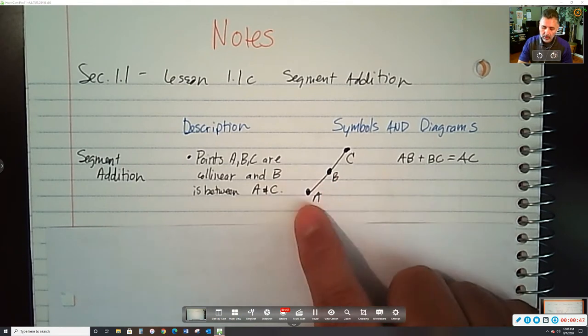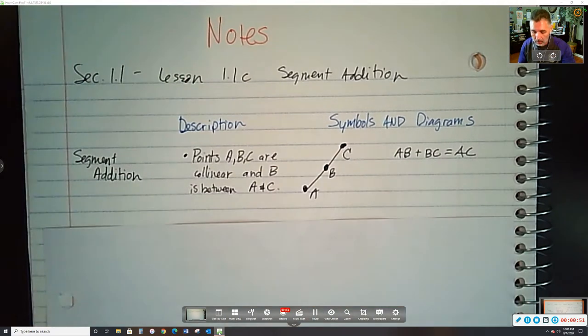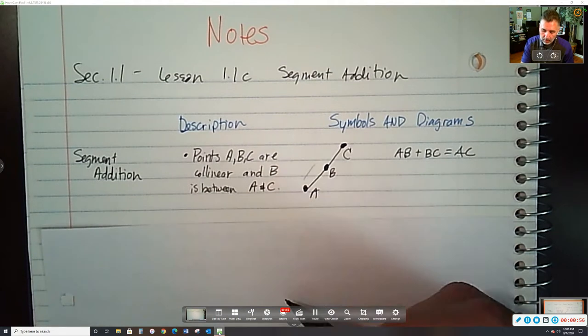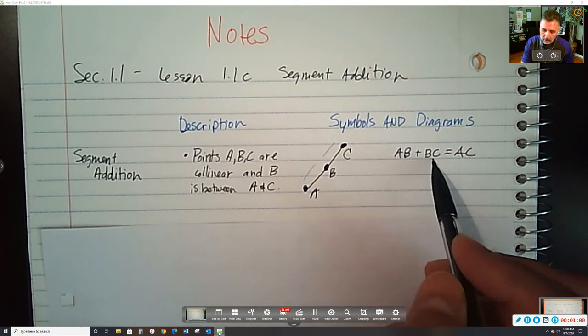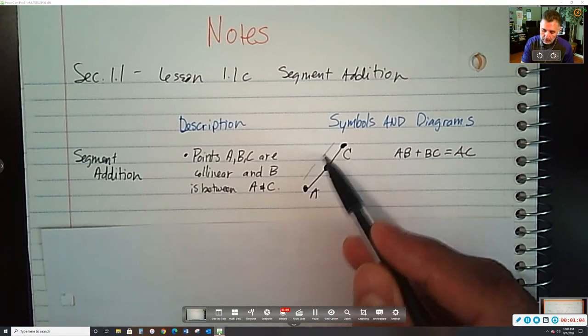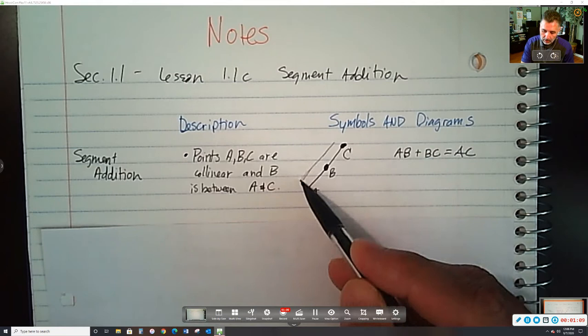If you add those up, it equals the whole thing. Okay, so if you look, AB is here, and then BC is here, so that's AB plus BC, and then obviously if you put them together, it equals the entire length, which is AC.